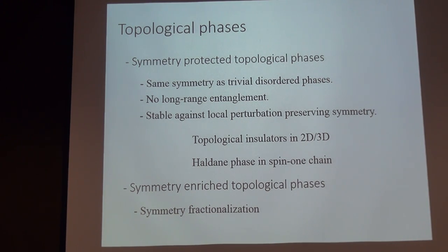And recently, symmetry enriched topological phases attract much attention, and they have richer structure in topological order. For example, they have the phenomenon of symmetry fractionalization, and recently there are new developments that go beyond such phenomenon.